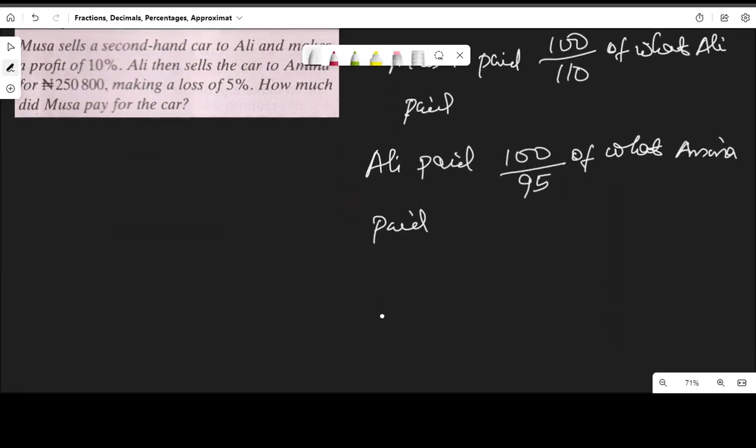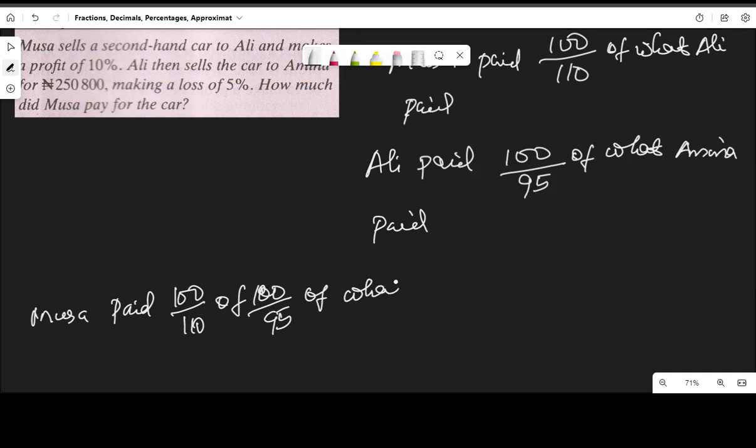Musa paid 100% over 110 of the price that Ali paid. So Musa paid 100 over 110 of 100 over 95 of what Amina paid.